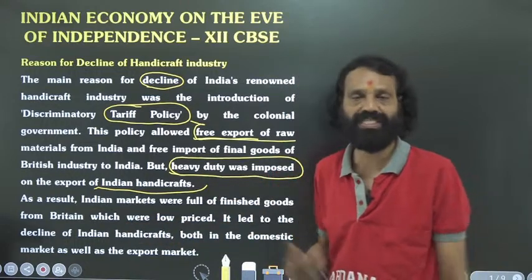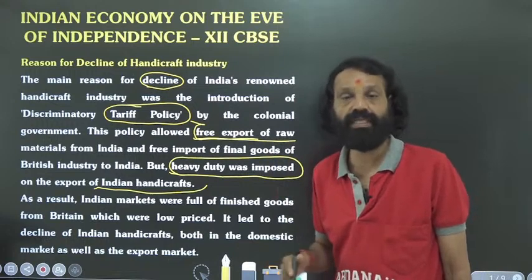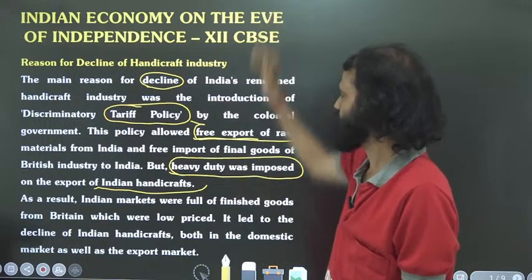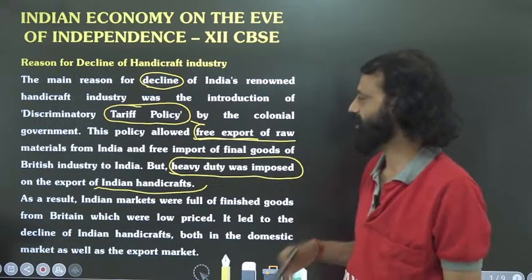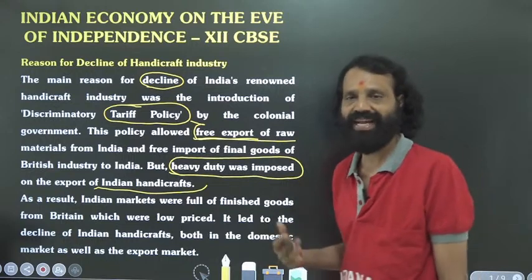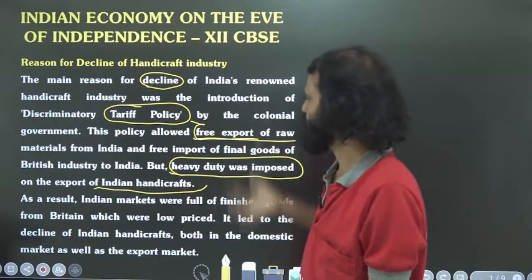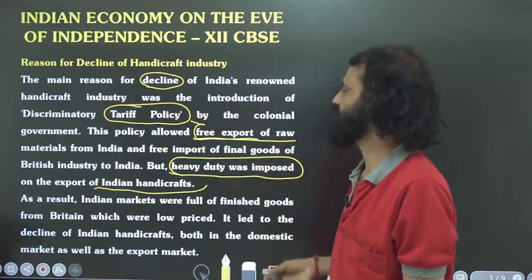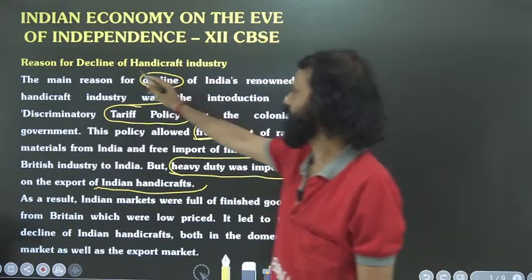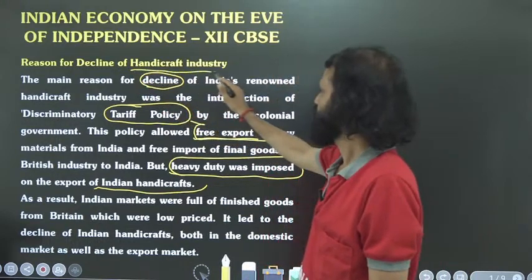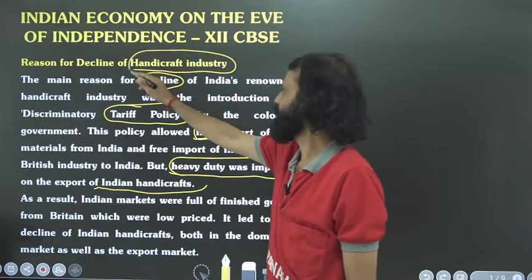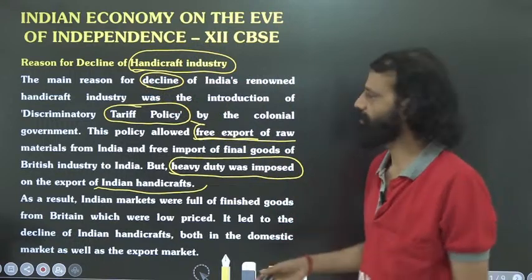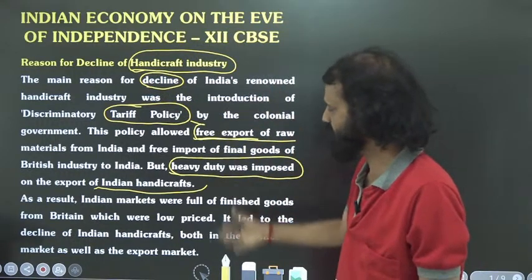All those destroyed the Indian handicrafts industry because of their tariff policy. Because of Britain's new tariff policy, the Indian handicrafts industry experienced its decline. That is the main point we studied in this part.